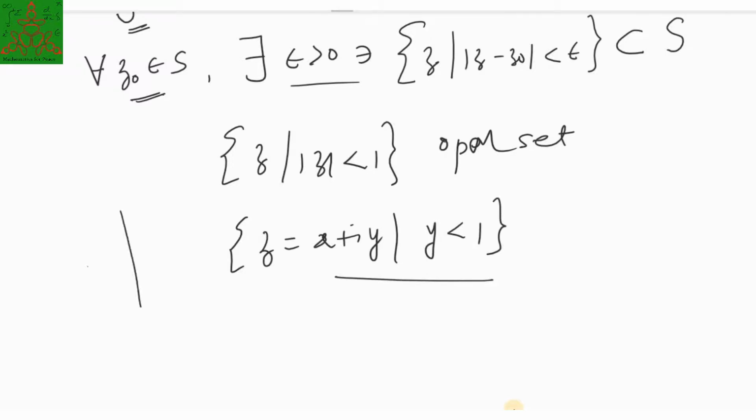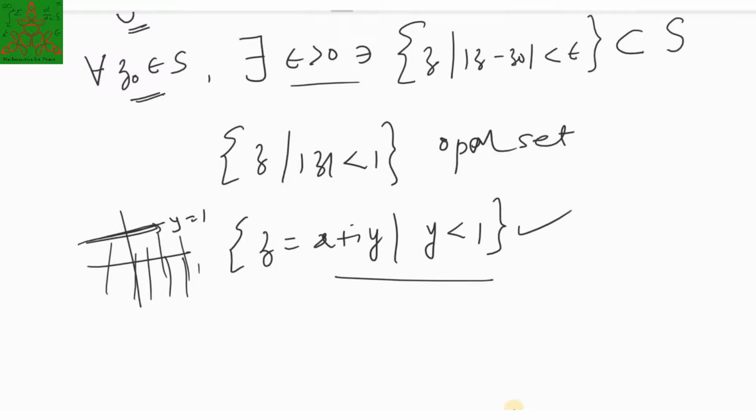Here y is 1 at this line and y is less than 1, so all the points which lie below this line form an open set, which does not contain its boundary. The boundary points are those on this line, so in that sense we can say the set is open.